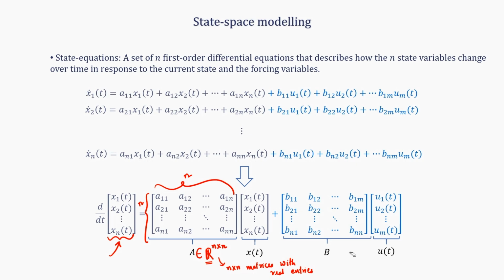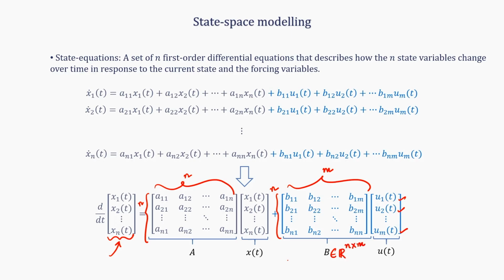Similarly, let us look at the dimension of B. What is the dimension of B here? First of all, how many rows here? n rows, right? Because there are n differential equations. And how many columns here? Because there are m inputs, there are m columns here. So, that means B is an R n cross m matrix.